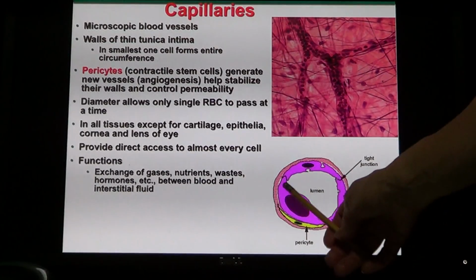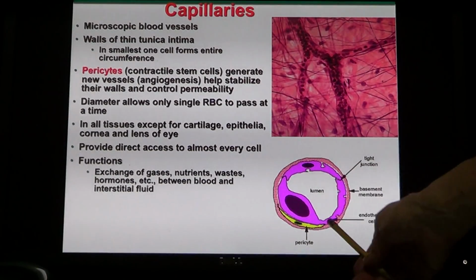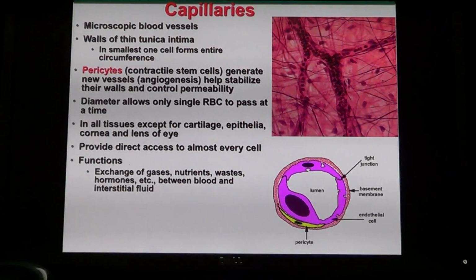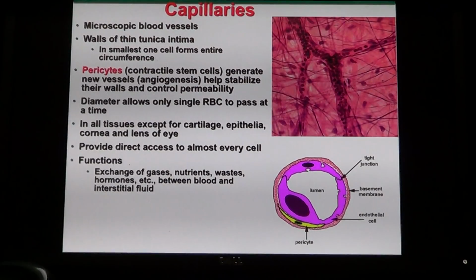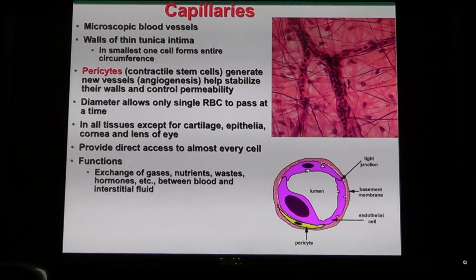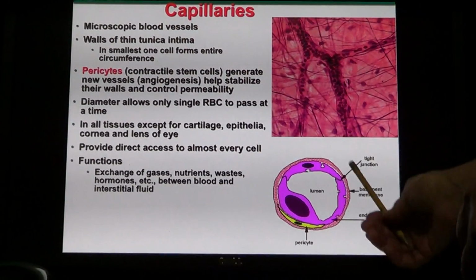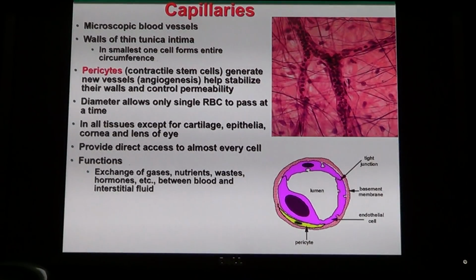a basement membrane and one layer of endothelial cells, and they also contain pericytes. Pericytes are modified contractile stem cells. The function of the pericyte is first of all to accommodate, as there is no muscle layer, nothing in the capillary.